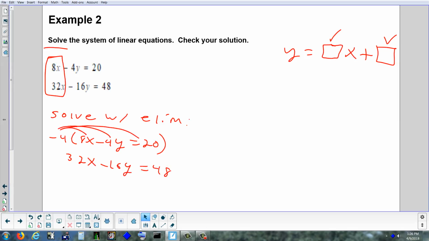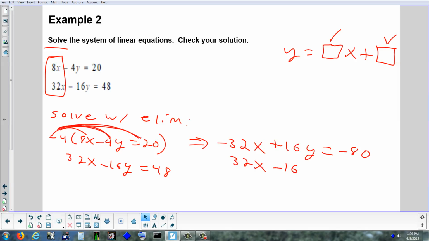Negative 4 times 8x is negative 32x. Negative 4 times negative 4y is positive 16y. Good. Negative 4 times 20 is negative 80. Now the bottom one, what did we do to that? Nothing. Copy it down.